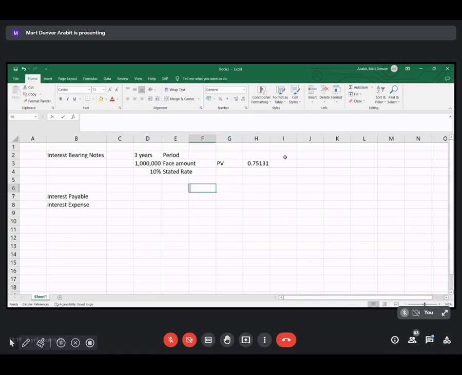So, this is the date. Let's say 2021, 2022, 2023.